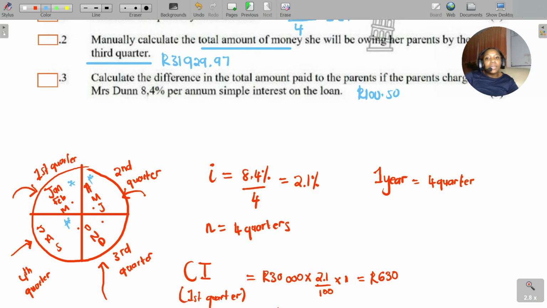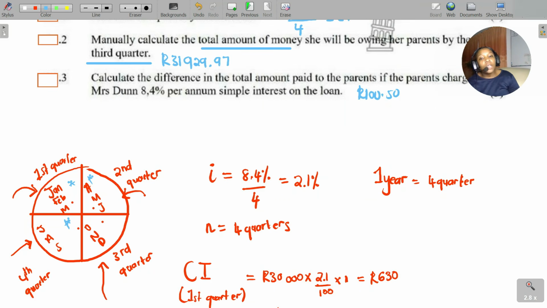That means we need to change this interest rate to represent that, because that 8.4% just shows the maximum interest rate that can be charged in a year. It mustn't exceed 8.4%. However, what is the interest rate being added per quarter? It's just 2%.